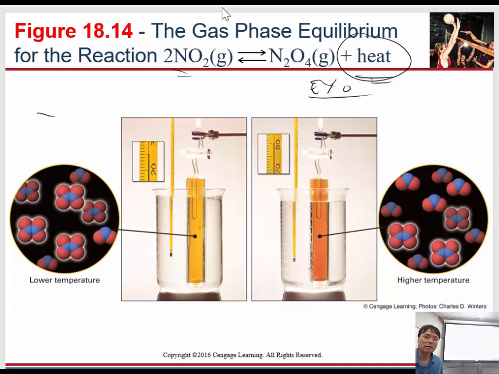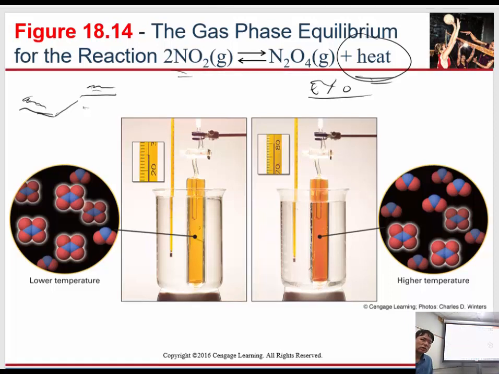This is endothermic in the forward direction. So there's a population of N2O4s, some population of NO2s. N2O4 is the product. And that's going to change that population here, according to Le Chatelier's principle.